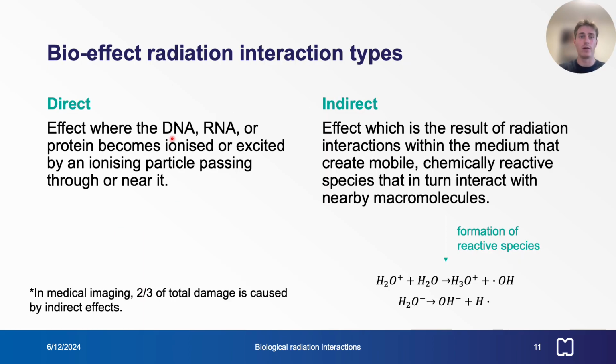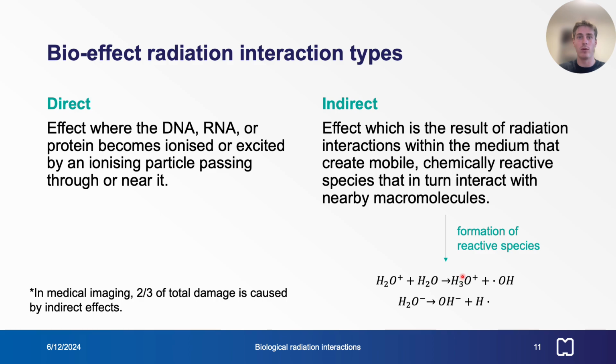There are two main types of bioeffect radiation interaction, direct and indirect. The direct effect is where the DNA, RNA, or protein becomes ionized or excited by an ionizing particle passing through or near it. In the indirect interactions, it's a result of radiation interactions within the medium that create mobile, chemically reactive species that in turn interact with nearby macromolecules, which may result in the formation of reactive species, which are highly reactive.